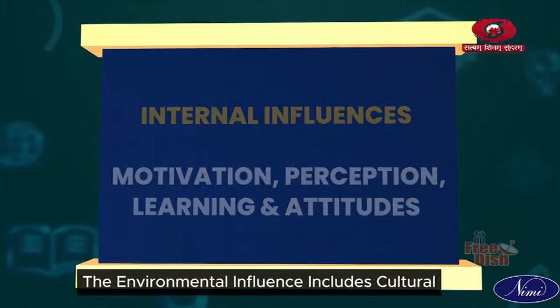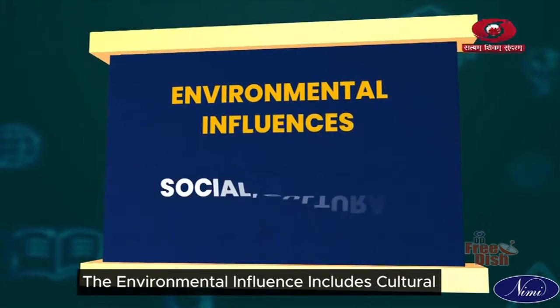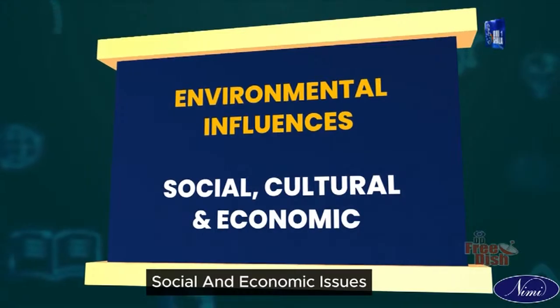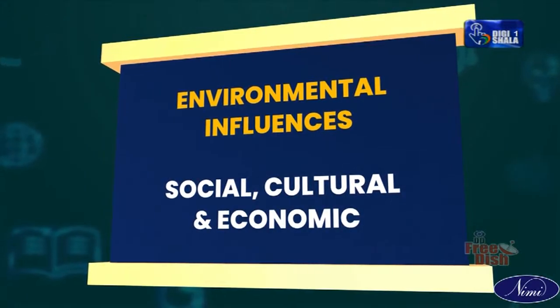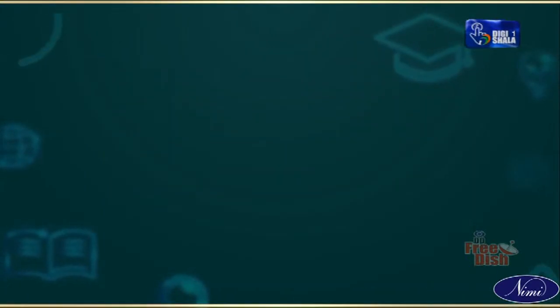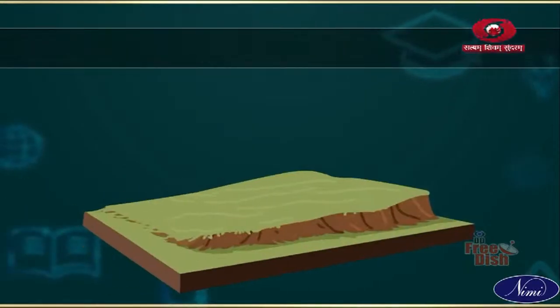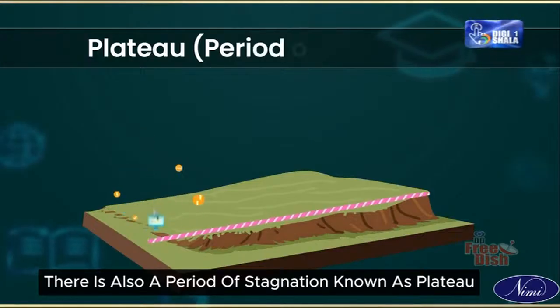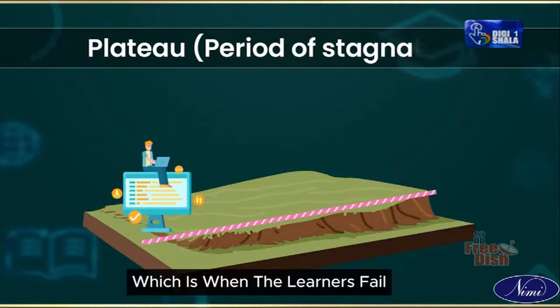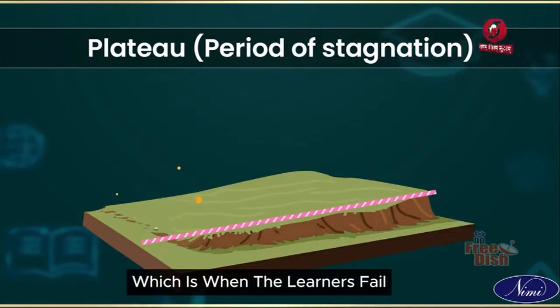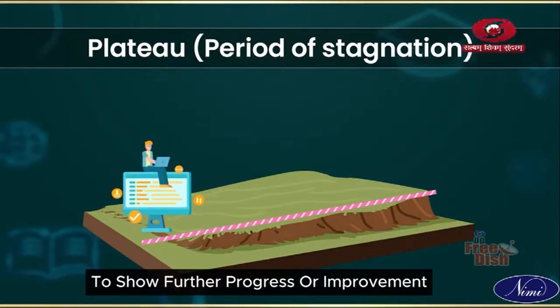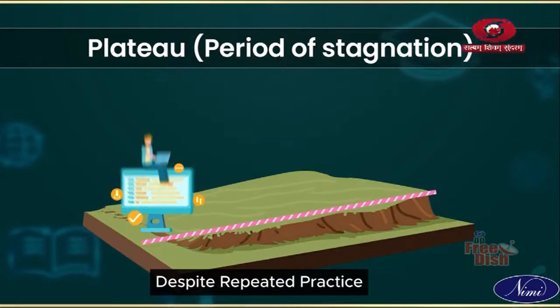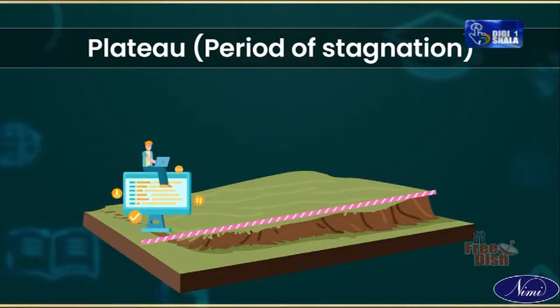The environmental influence includes cultural, social, and economic issues. There is also a period of stagnation known as plateau, which is when the learners fail to show further progress or improvement despite repeated practice.